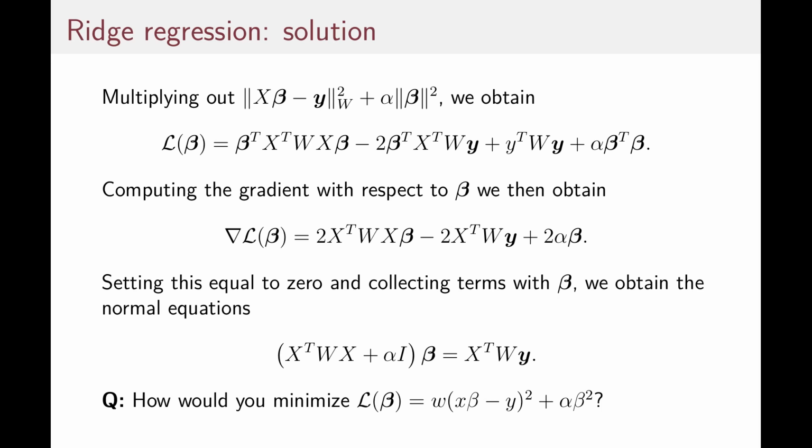They look a lot like the previous normal equations, but we have this diagonal weight matrix W in between X transpose X, and we have this alpha times the identity matrix here too. On the right-hand side, we also have the weight matrix. But apart from that, it looks a lot like what we saw previously when we just talked about normal linear regression.